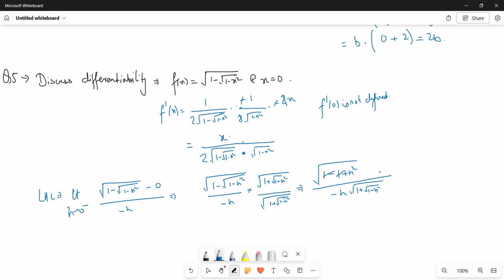तो इसमें 1 1 कैंसिल हो गया, रूट कैंसिल होके कंसिडरिंग दैट h इज पॉजिटिव एनीवेज, सो ये आ जाएगा mod h by minus h into root over of 1 plus root over of 1 minus h square. Okay, but h is always positive.